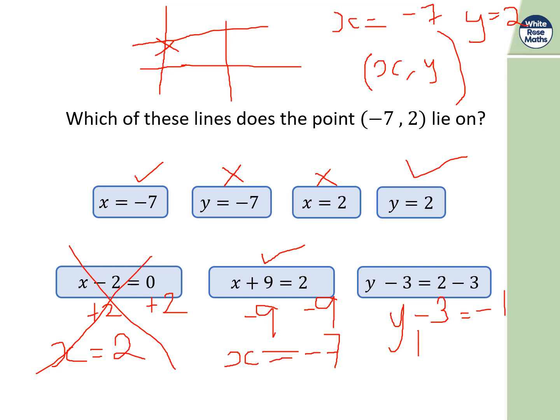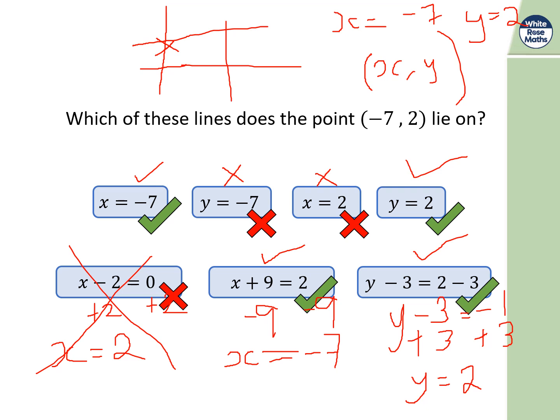If I add 3 to both sides to balance them, minus 1 add 3 is 2, so y is equal to 2. The y coordinate here is indeed 2, so that would also work. So there's my answer, or answers, for that question.